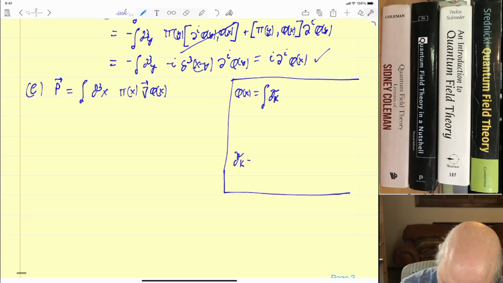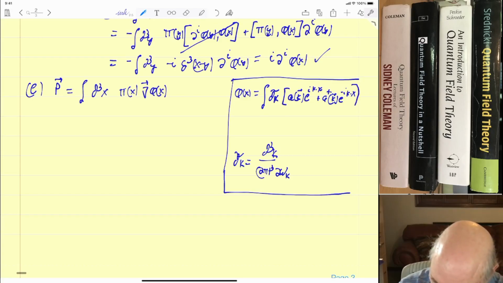Just to remind you, we're only going to use this at the very end. a of k e to the i k dot x plus a dagger k e to the minus i k dot x. These are 4-vectors, but they're constrained 4-vectors. In other words, the time part is omega k.